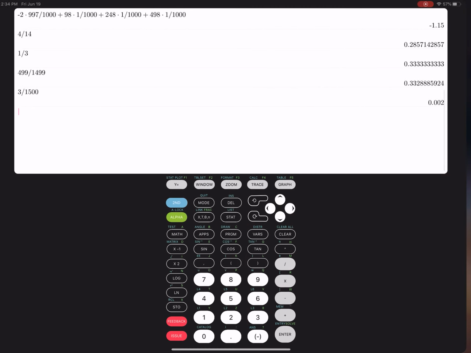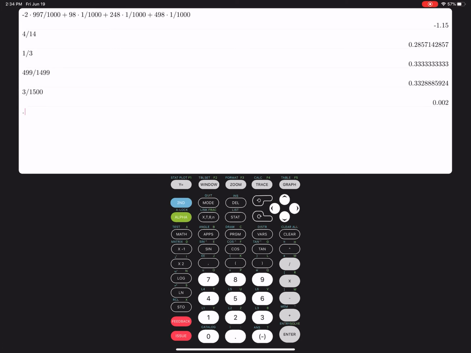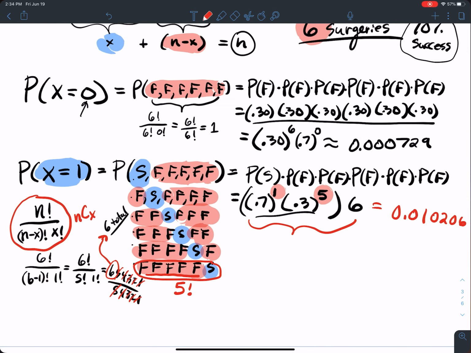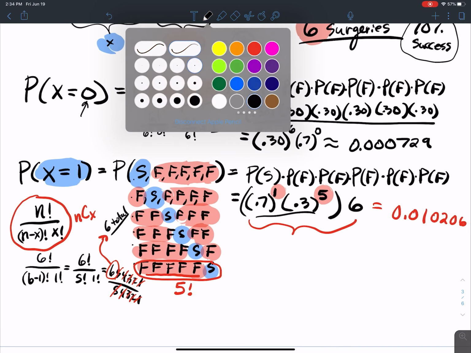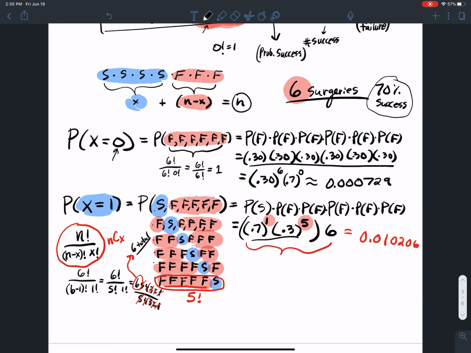Okay, to show you in your calculator, I would do 0.3 raised to the 5 times 0.7 raised to the 1. Okay, multiplied by 6, enter, and that's where I get my decimal from. Right? If I did x equal to 2, I could run through that same game there.